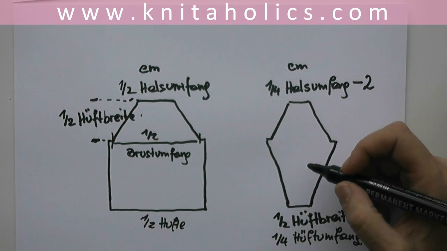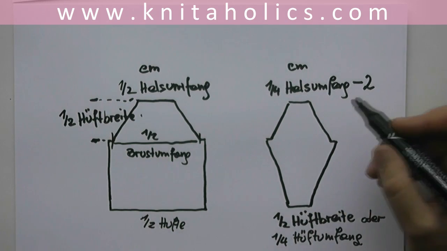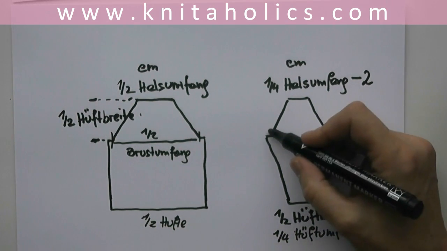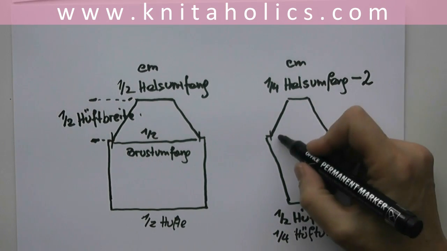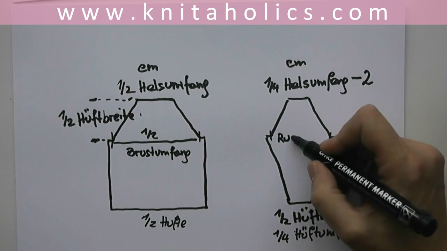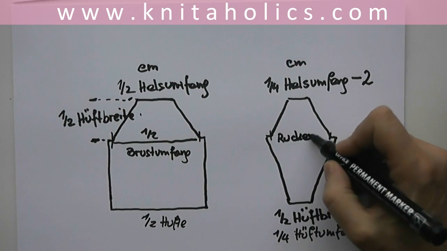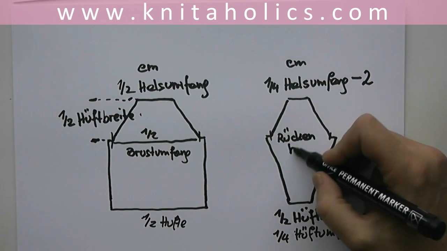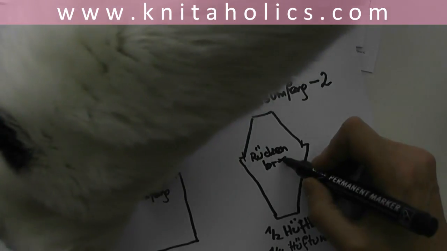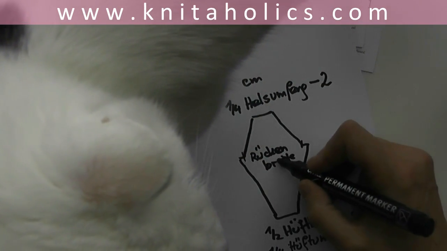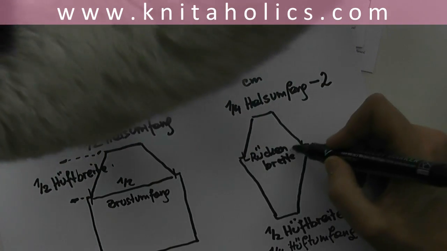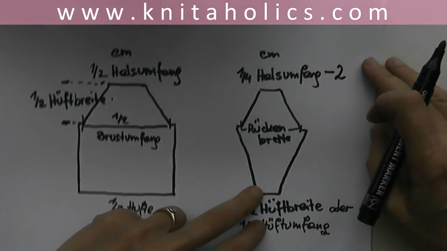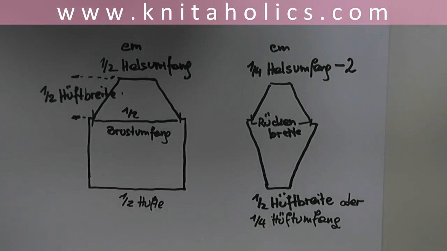There is a few stitches difference between those two. And the widest part of the sleeve is again half of the back width. Back width is measured between the shoulders, and Lucy is curious what I'm doing here instead of playing with her.